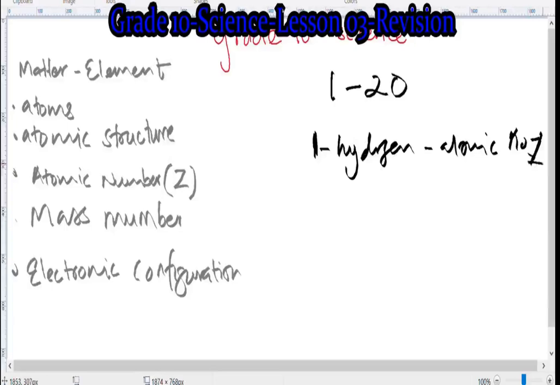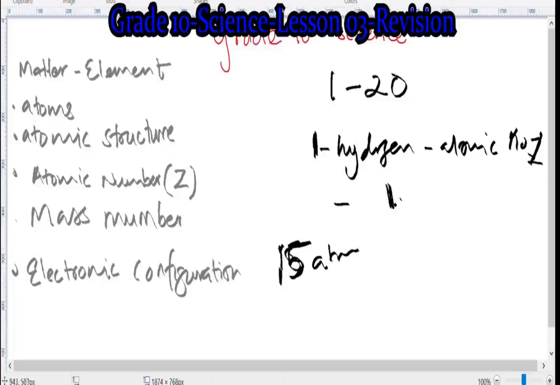So hydrogen is atomic number 1 and its configuration is 1. So let's take an element which has the atomic number 15. So your electronic configuration, how will you write it? It is the way the number of electrons are arranged in each energy level, K, L, M. Remember?